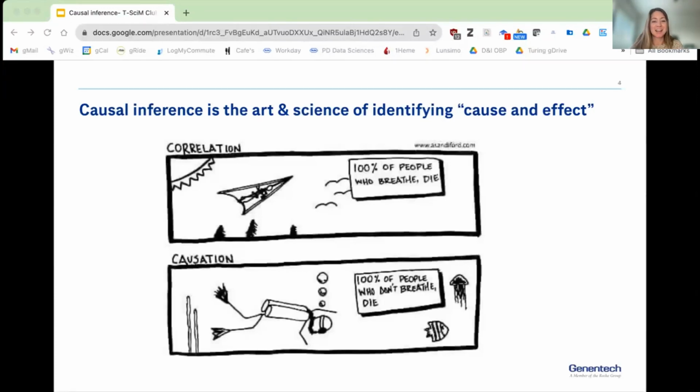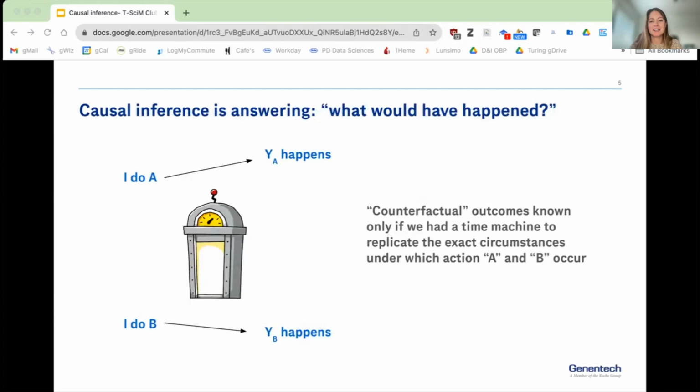In these sentences, 100% of people who breathe die versus 100% of people who don't breathe die. So what do we mean by cause and effect? It's really the ability to say that action A causes outcome YA, associated with A, action B causes outcome YB. So if I take this medicine and I get better, did the medicine help me?